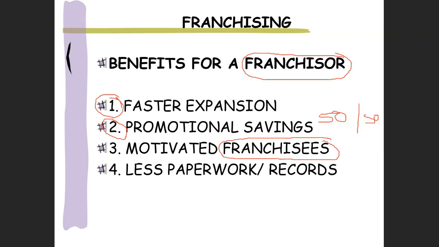That helps, as opposed to a corporate employee who thinks, I'm getting a paycheck at the end of the month, so life is good, and so may not be as motivated. And of course, each franchisee maintains its own paperwork and records, so at the corporate, regional, or local headquarters, you do not have to worry about these things. Those are the benefits from a franchisor's point of view. Questions?